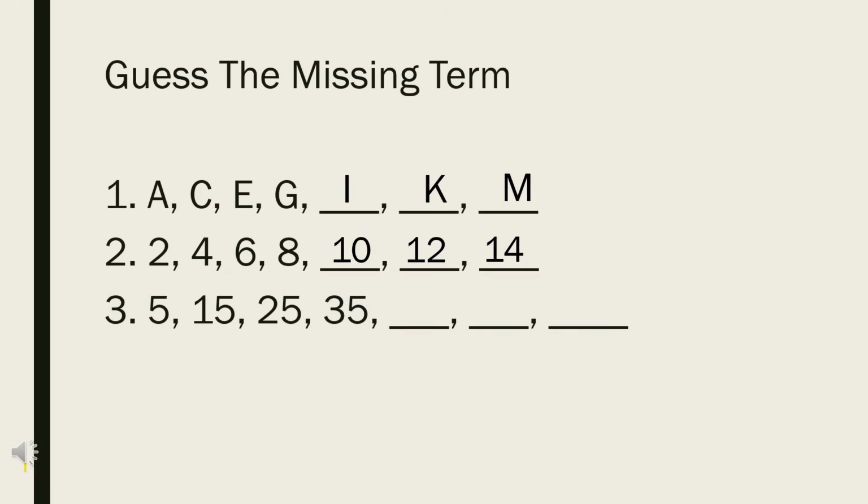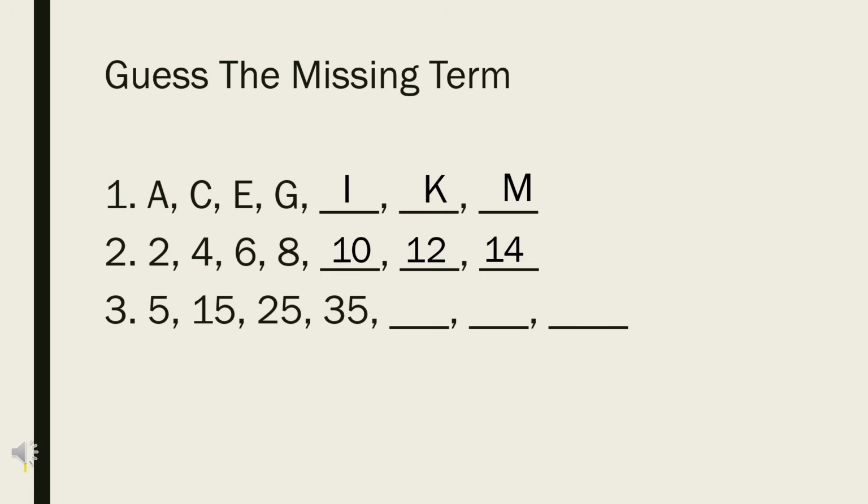For number 3, we have 5, 15, 25, 35. What can you observe from these first 4 numbers of our sequence? Observe that each term is added 10 from the preceding one, or the term before it. To obtain 15, we add 5 by 10.